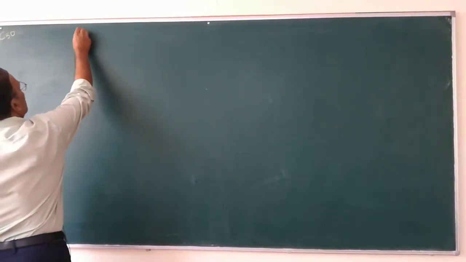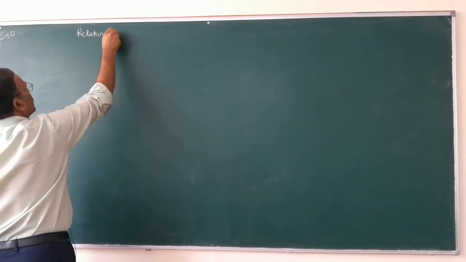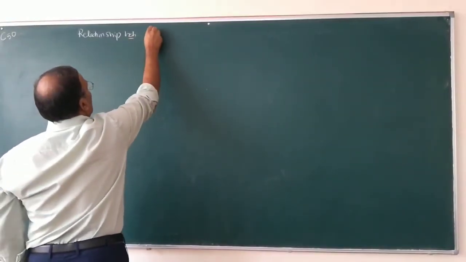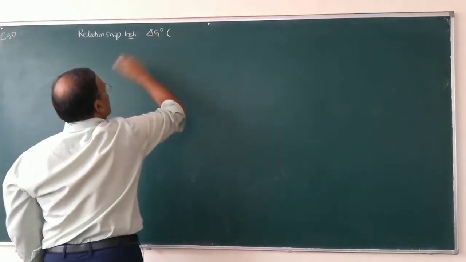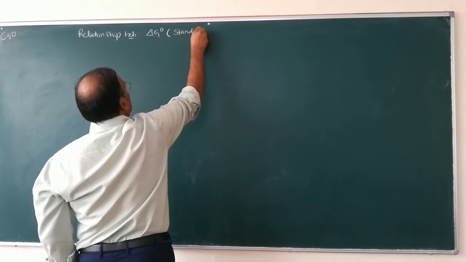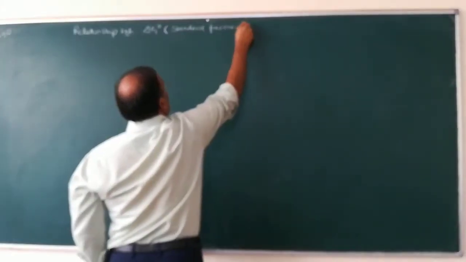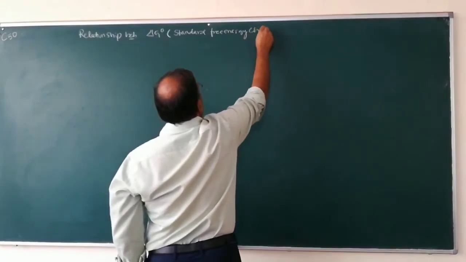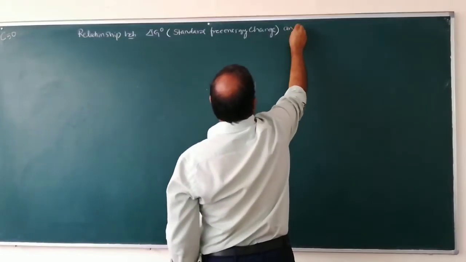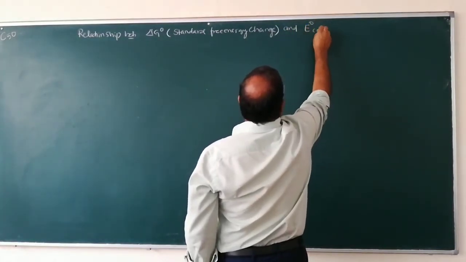Next, let us study the relationship between delta G naught, the standard free energy change, and E naught of cell.